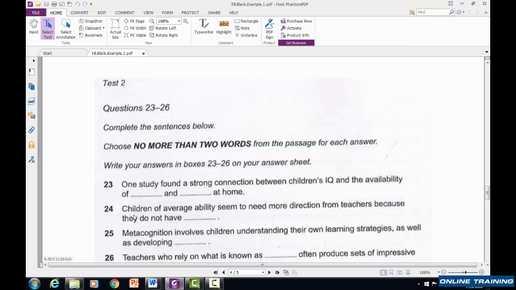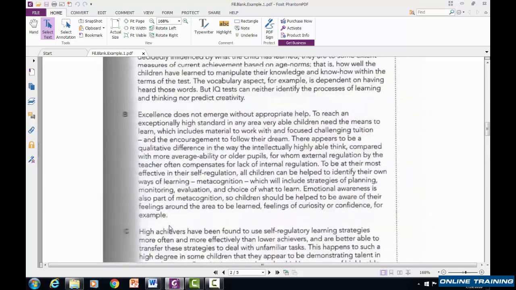Keywords here are children of average ability and also teachers. And our answer is going to connect to words related to what they do not have. But we're going to use the words teachers and children of average ability to locate our sentence. So I know where to look.